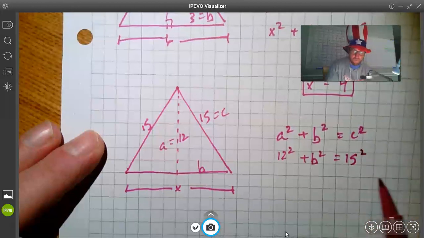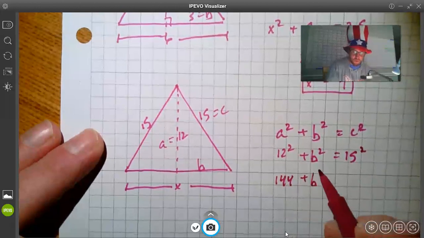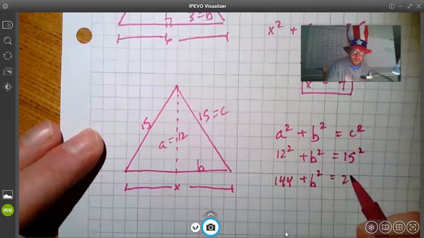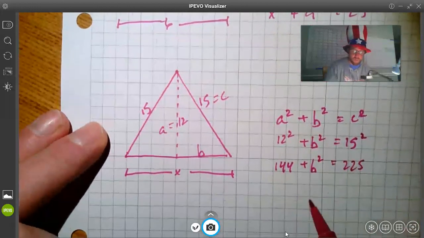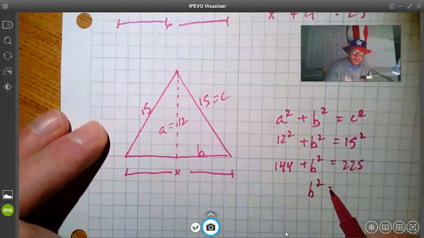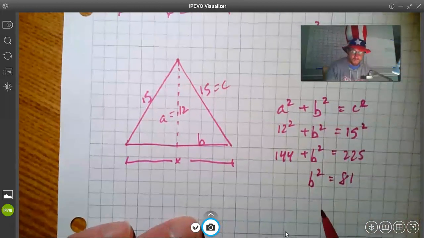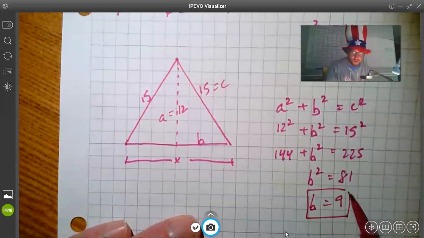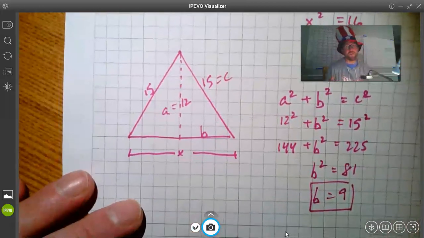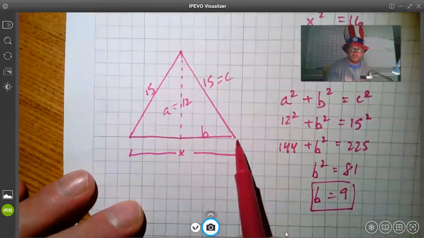Yeah. So that gives me, let's see, 144 plus b squared is 225. That's 15 squared. Subtract 144 from each side, and I get b squared is 81, and the square root of 81 is 9. Now you want to be careful here because I bet 9 is one of our options, but 9 isn't what we want. 9 is just half the triangle, right?